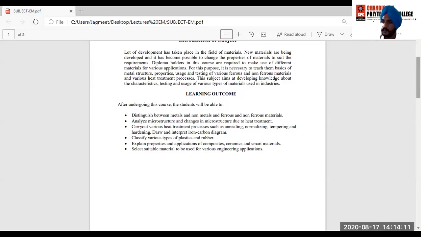We will explain the properties and discuss what are the different materials. Select suitable material to be used for various engineering applications. We will also discuss throughout every chapter what is the suitable material for engineering application.